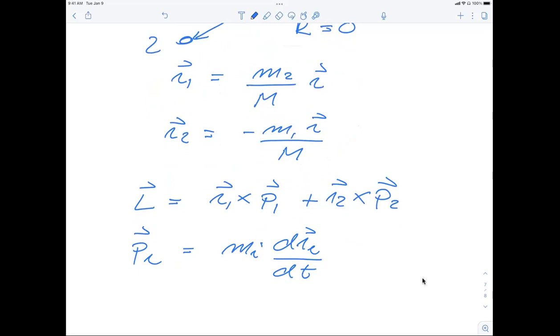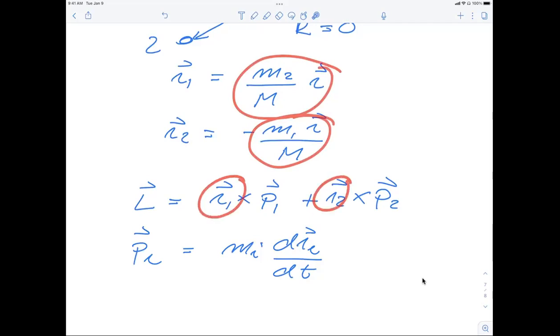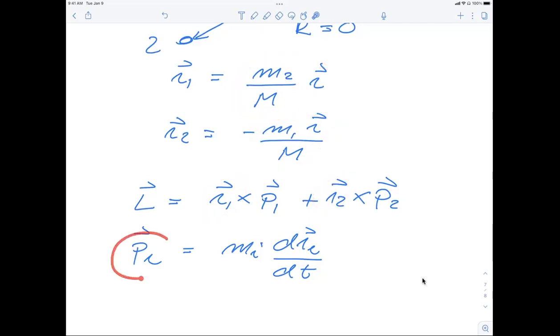What comes now is a basic exercise in just inserting the equations which we have here, and small manipulations. I'm going to put in this equation here, and this equation in here, and in here. And then I'm also going to use the equation for the linear momentum for each particle.